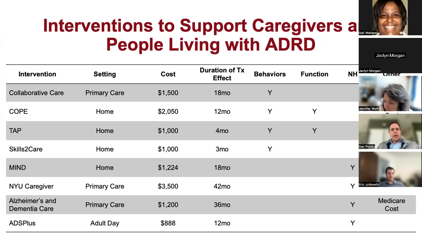A couple of other key points for this slide: one, these interventions are implemented in different settings of care. Some are implemented in primary care, some in the home, one in adult day. The duration of the treatment effect varied greatly, but in part this is a reflection of the follow-up time of the different studies. Some studies had 42-month follow-up, others only had a 4-month follow-up.